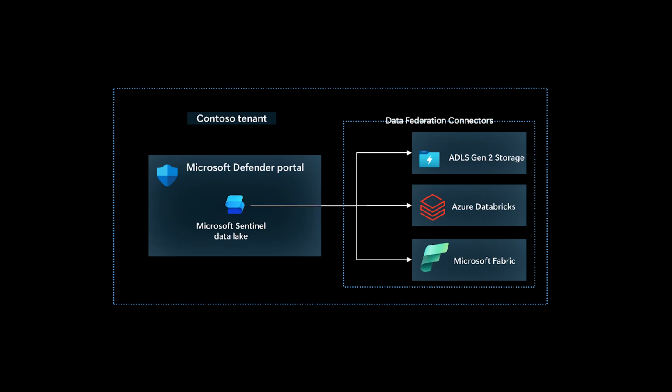Yeah, so with the first release that we have here, we're going to allow you to federate with Azure Databricks, Azure Data Lake Storage Gen2, as well as Microsoft Fabric. And one of the nice things about Microsoft Fabric is that you've got a bucket and you've got data sitting there, tables that you would like to use.